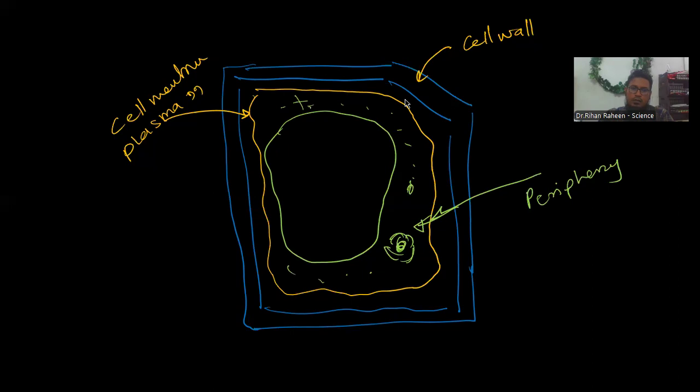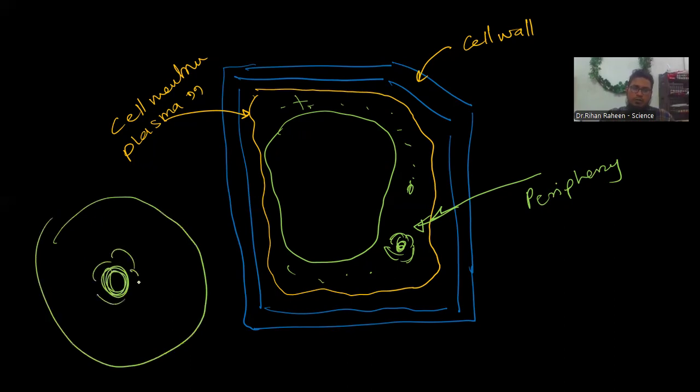Are there any instances where vacuole is in the periphery? Normally, I don't think in our O-level syllabus we have any vacuole in the periphery. In animal cells, there we have the large centralized nucleus, and all the other organelles are around it.